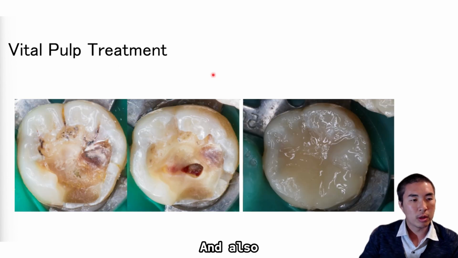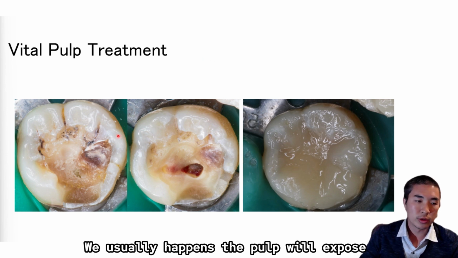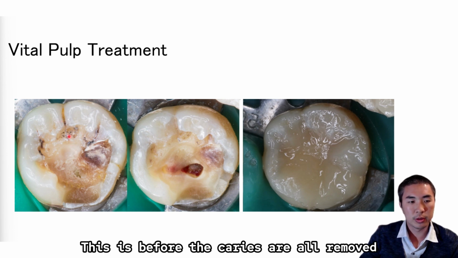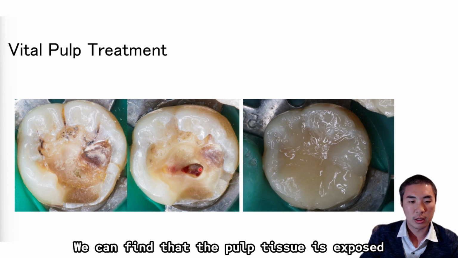And also, when we do operative dentistry to treat caries, it may happen that the pulp is exposed when we remove the caries. So this is before the caries is removed, and this is after the caries is all removed, and we can find that the pulp tissue is exposed.